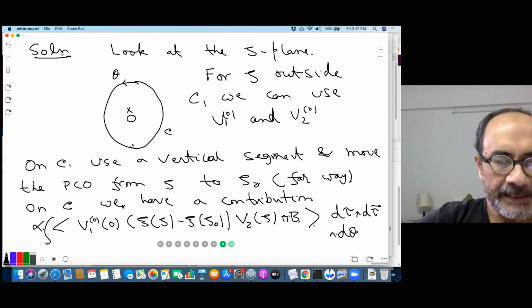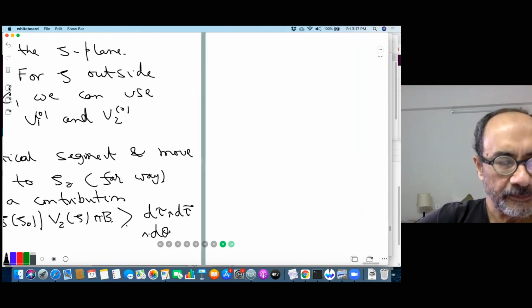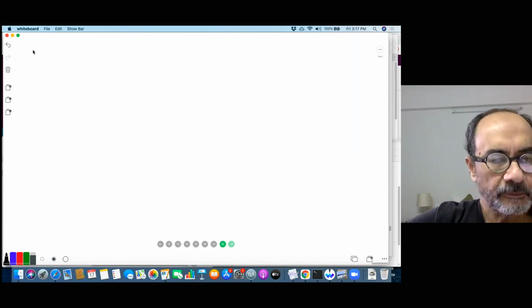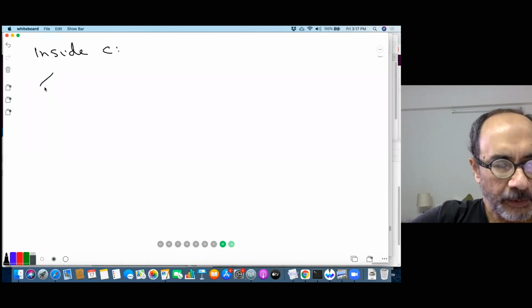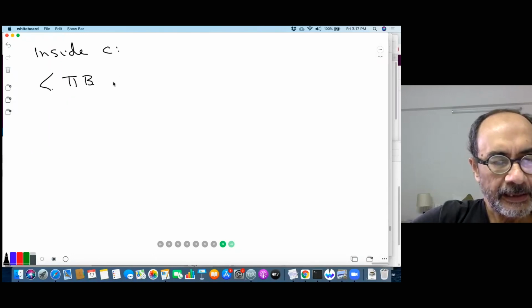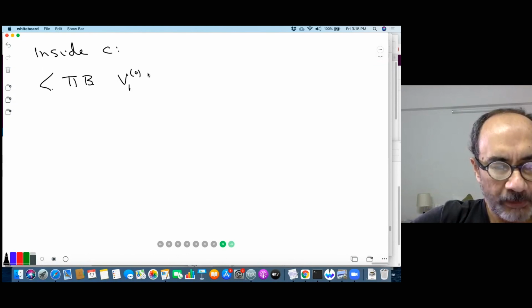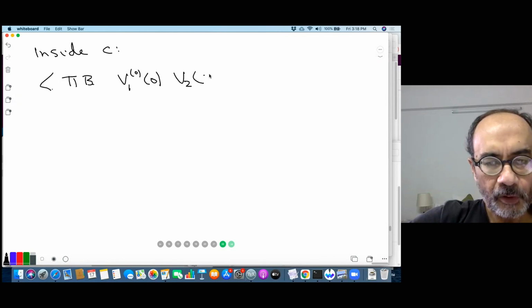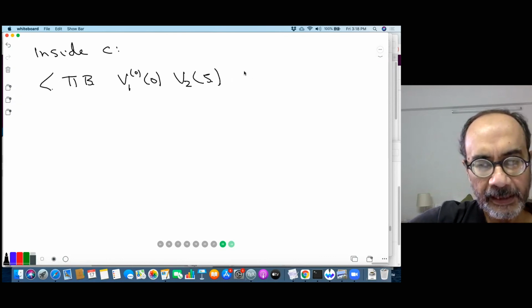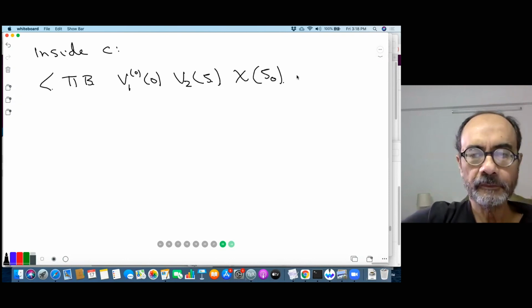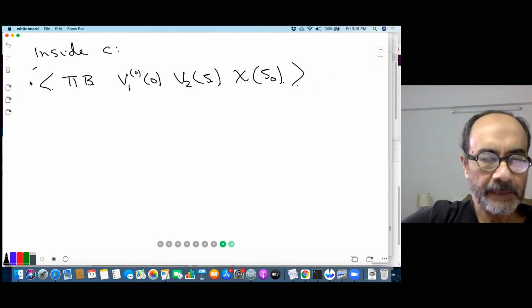And inside C, we have to use the usual product of these. And then V10 is still okay. Then V2 of zeta, and then chi of zeta naught. And you integrate.